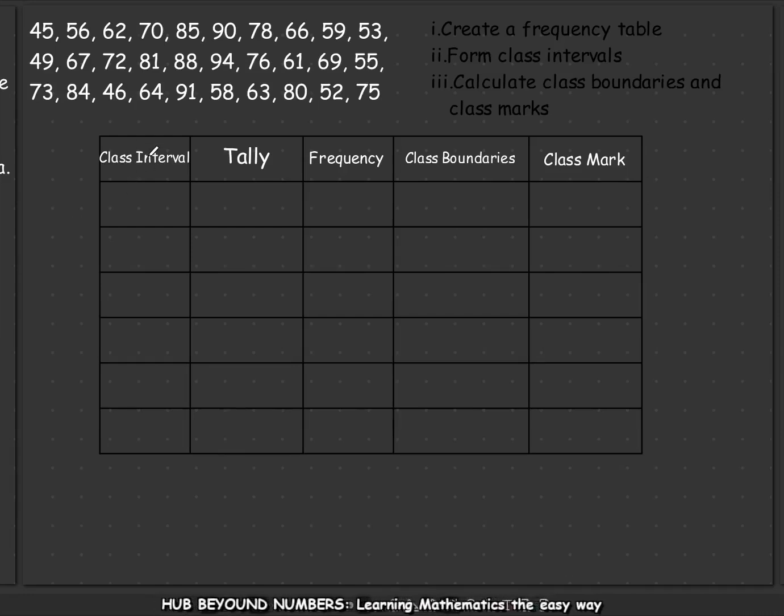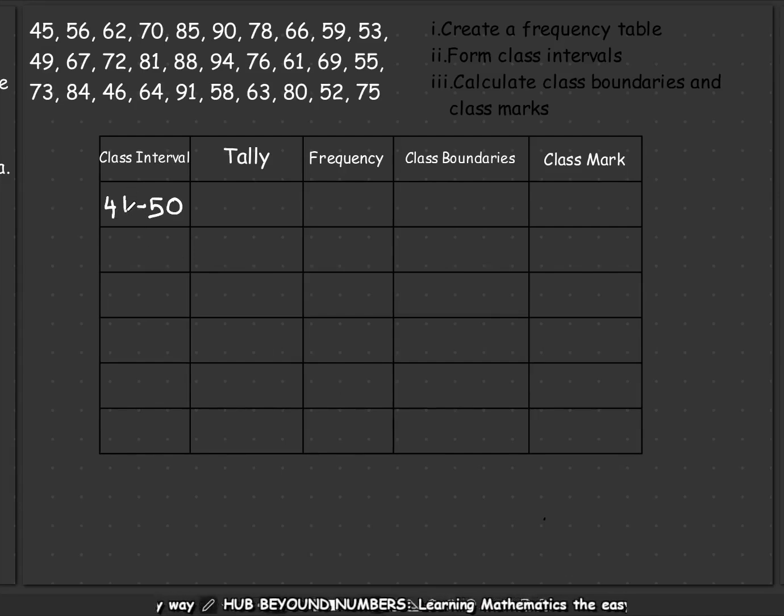The class interval, looking at our data, the smallest one is what? The 45 over here. So for our interval, we can use from 40 to 50 as our first interval. So then over here, for my first interval, I'm going to write what? 40 to 50. Then my next interval, to make sure my intervals are all the same, I think I have to use 41 to 50.